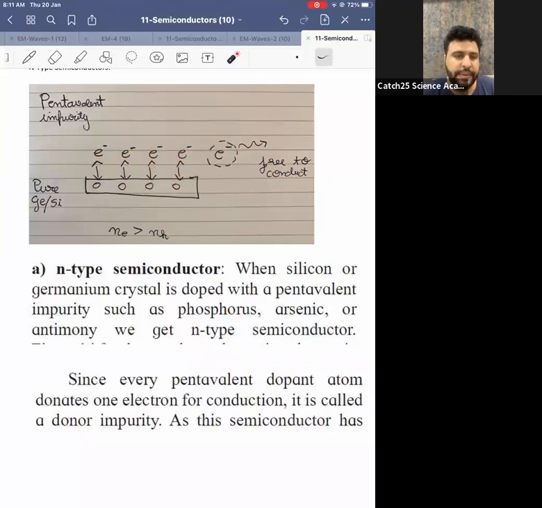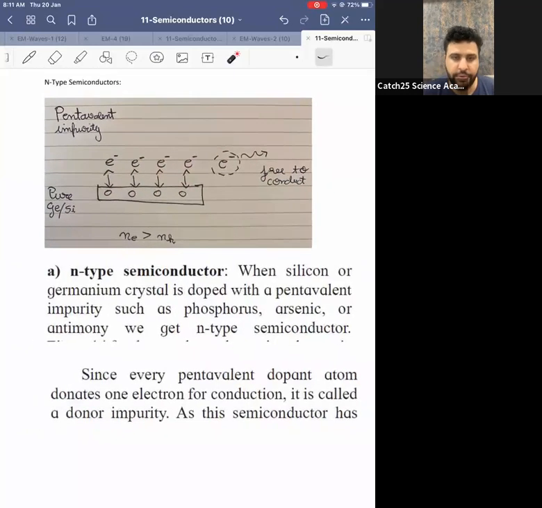Then I will give you the definition. What I want you to do is write the side heading N-type semiconductor and draw this diagram. Start.